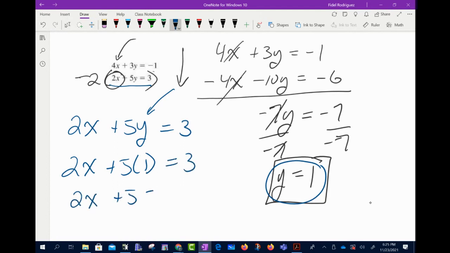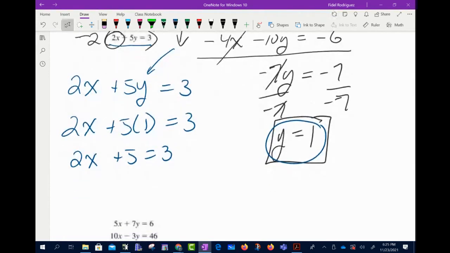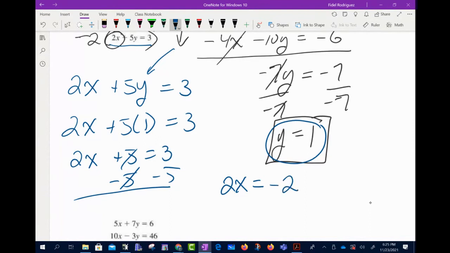So 2x plus 5 equals 3. So now when I go minus 5 and minus 5, those are going to cancel. This is going to leave me with 2x equals 3 minus 5, which is a negative 2. So when I divide both sides by 2, I'm coming up with x equals negative 1.